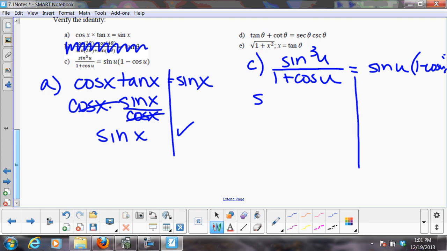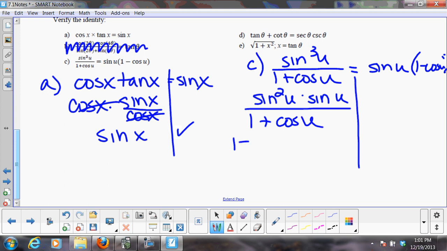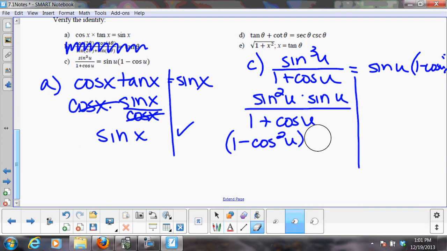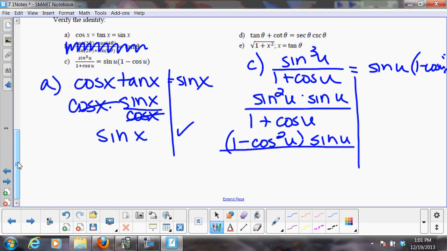So I'm going to rewrite it as sine squared u times sine u, and then leave my denominator. Sine squared u is equal to 1 minus cosine squared u. Isn't that a difference of two perfect squares?